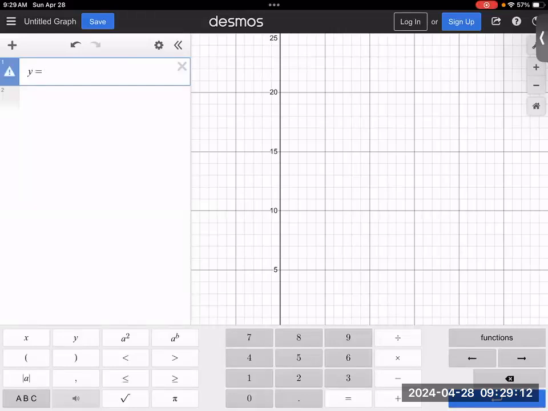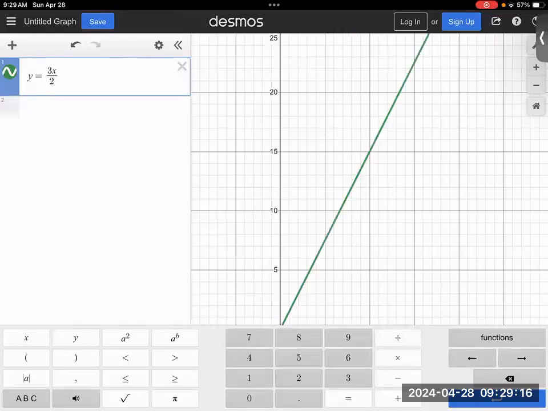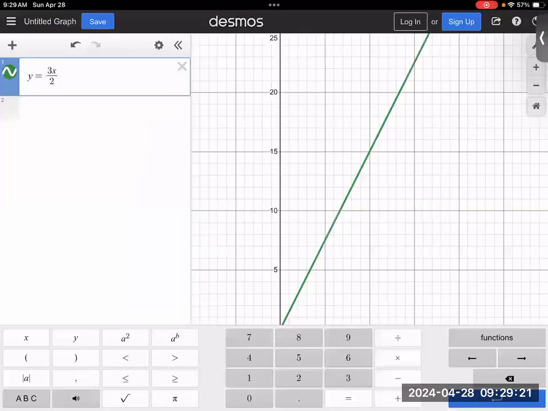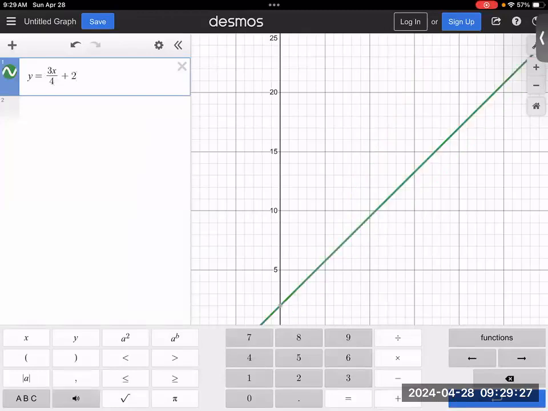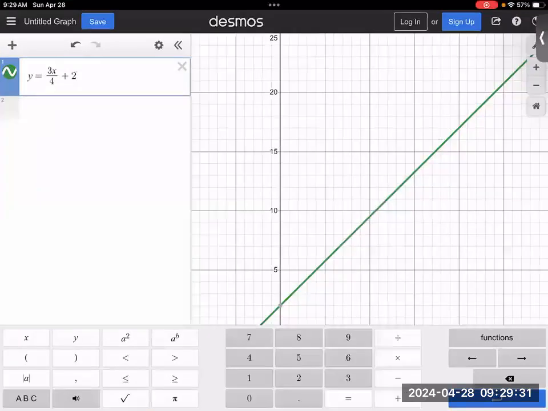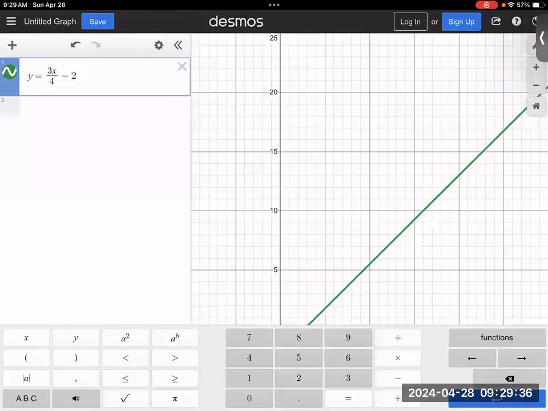So we're just going to hit 3x divided by 4. I believe it was 2. Nope, 4. Plus 2, minus 2. Okay, so that's one of ours.